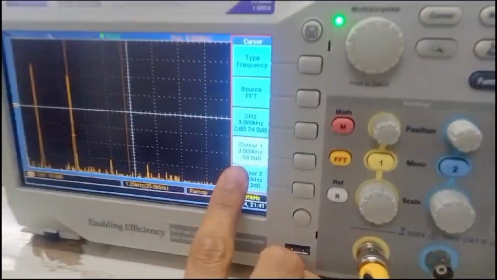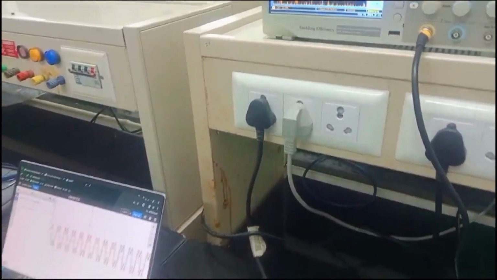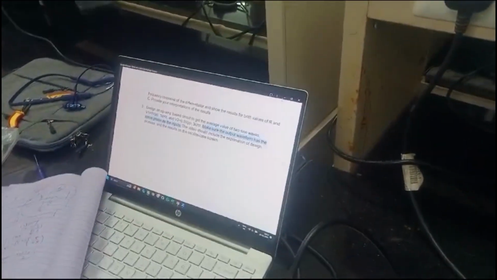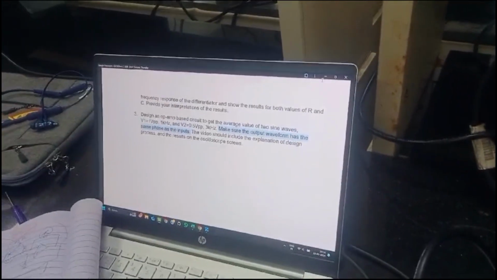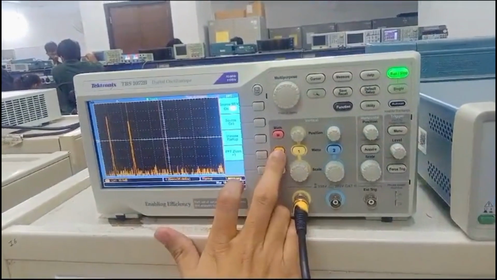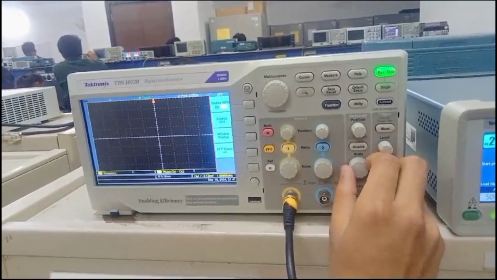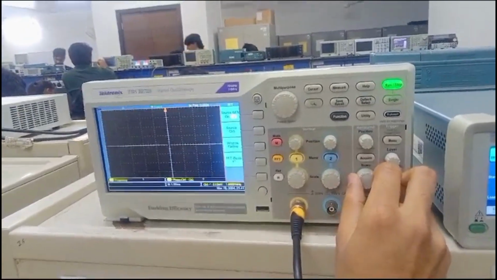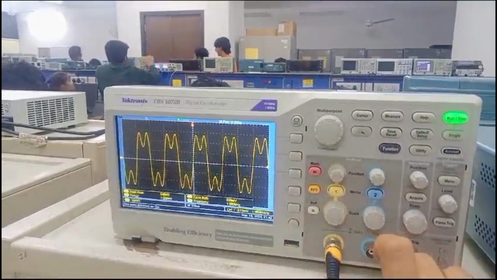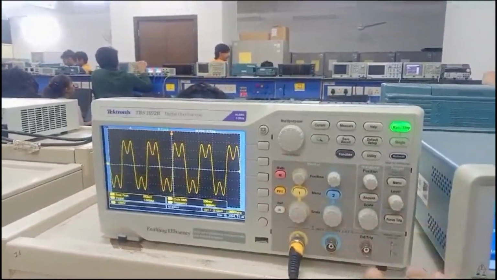Yeah, I got the 3 kilohertz frequency. So for this question, we got the correct output, and let's look at the phase.